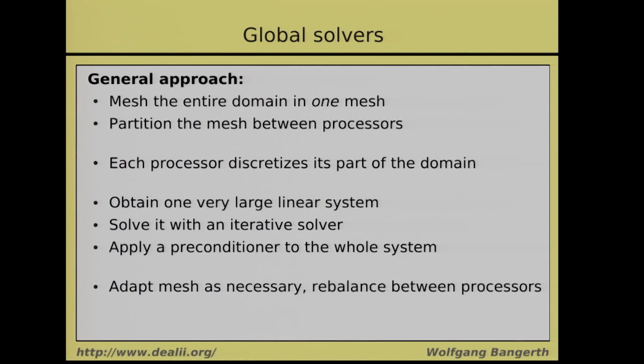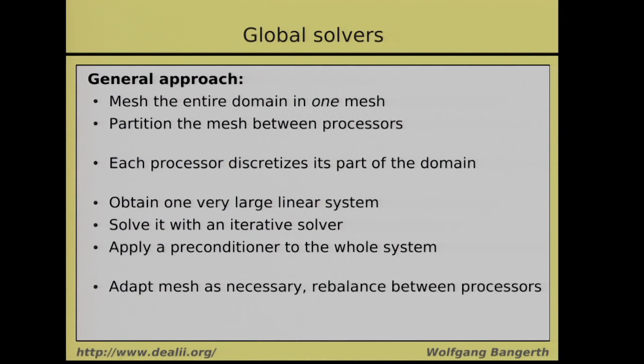Then what we do is every processor discretizes its part of the domain. In other words, it assigns degrees of freedom to the cells that it owns. But we still think of it as a whole. So degrees of freedom are enumerated not from 0 to n on every single processor, but let's say from 0 to n on processor 1, and from n to 2n on processor 2, and from 2n plus 1 to 3n on processor 3, and so on and so forth.